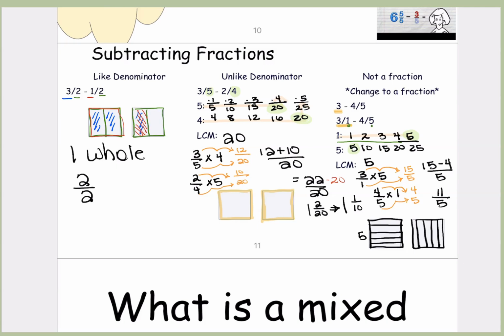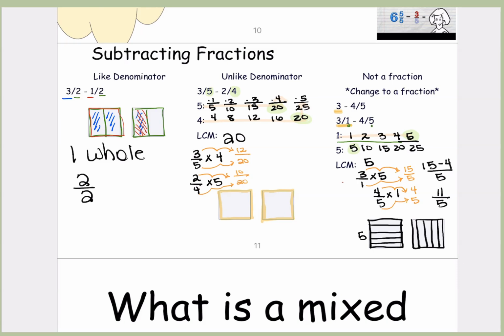Now I'm going to back up to this problem here because I solved this problem as if it were an addition problem, and it is not. So let's go back and fix this problem. This is not an addition problem. All right.